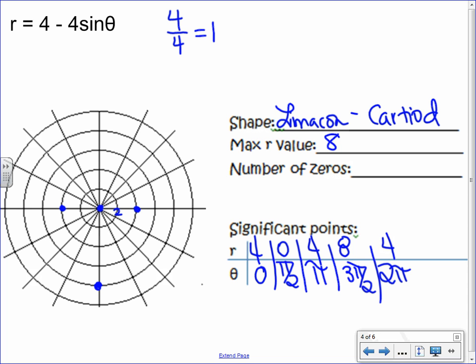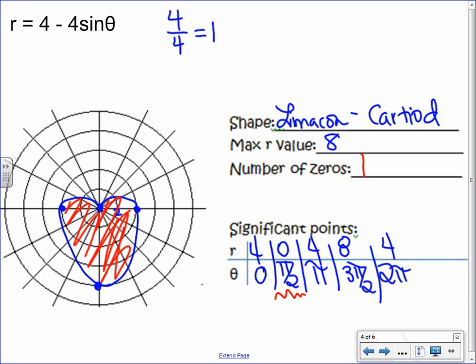Remember we need to know how many zeros we have. This is a cardioid. We start here, so we make kind of a little heart shape here. How many zeros do we have? 1. And we actually know what our zero is: pi over 2.